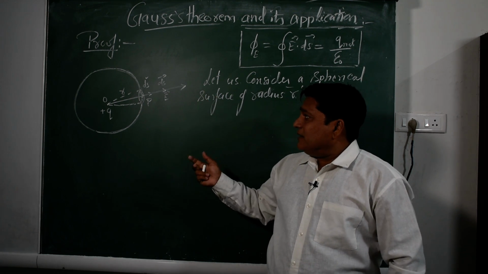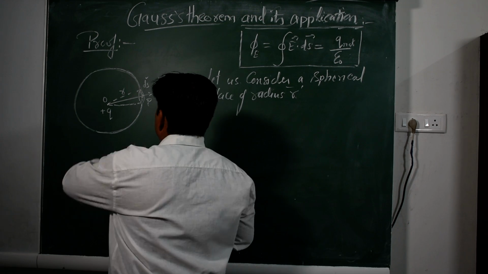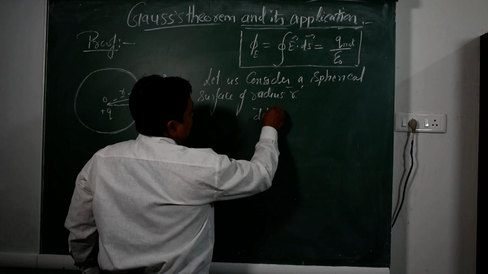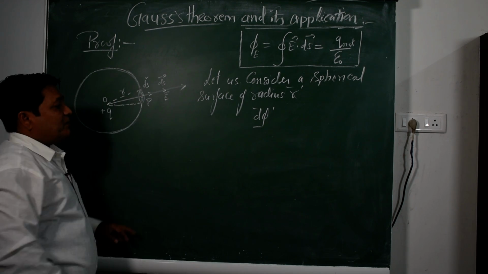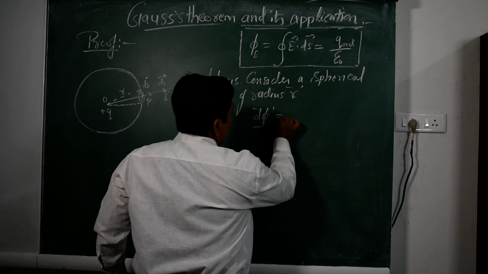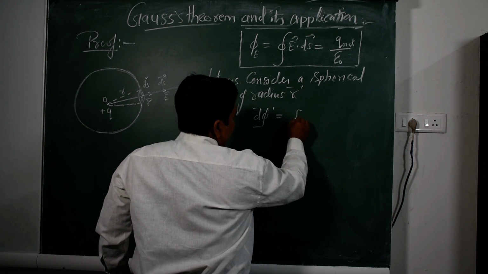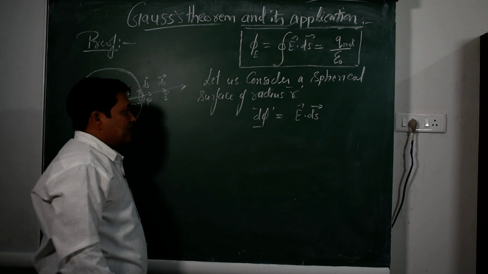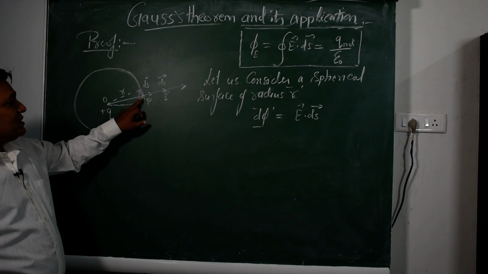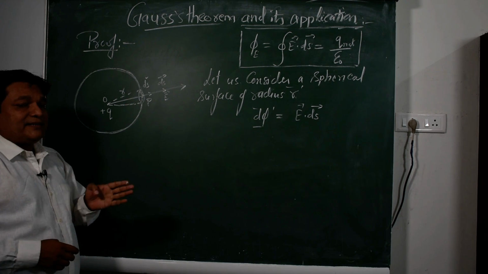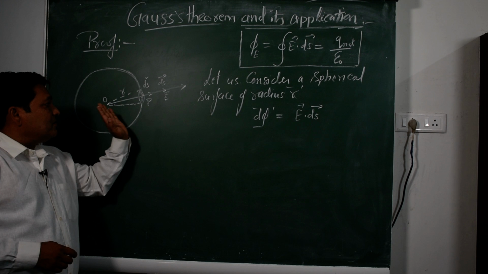Let us take the total flux linking with the surface. A small flux linking at point P is d phi. It will be equal to vector E dot vector ds. According to this condition, the direction of the area vector and the direction of the electric field are the same, perpendicular to the surface.